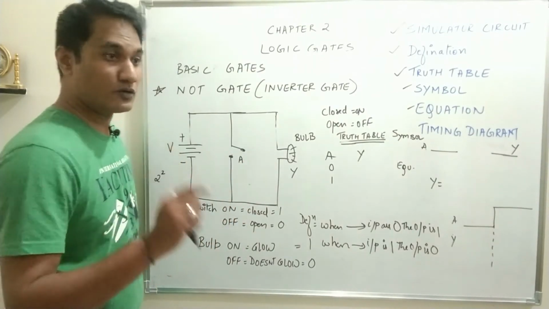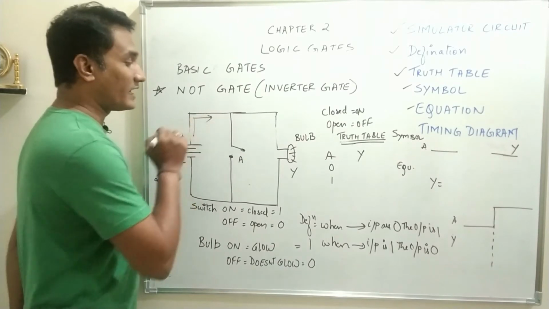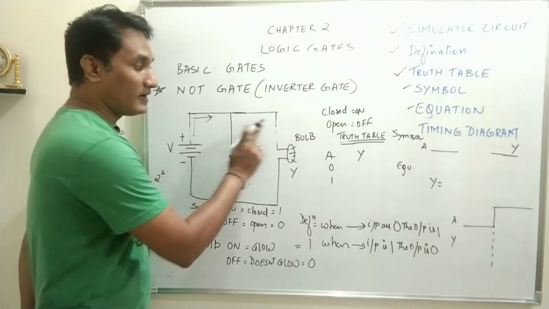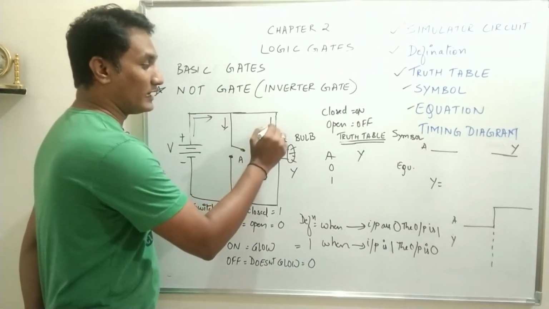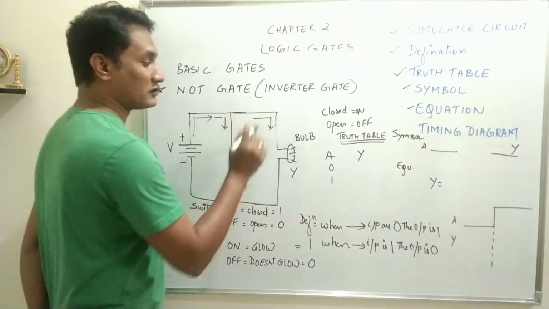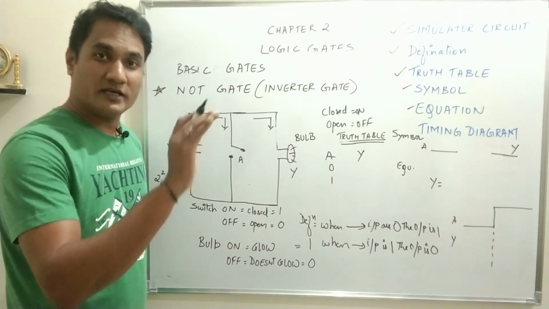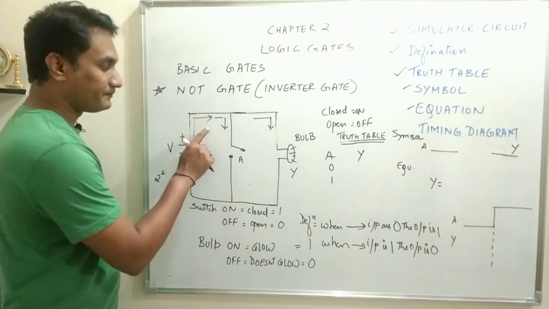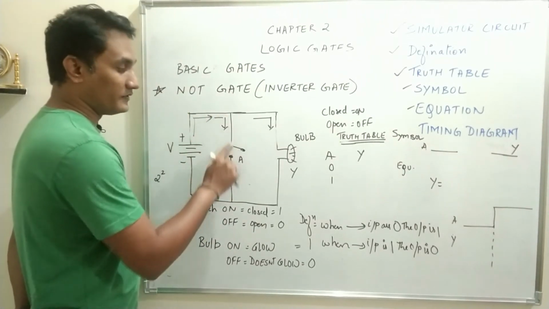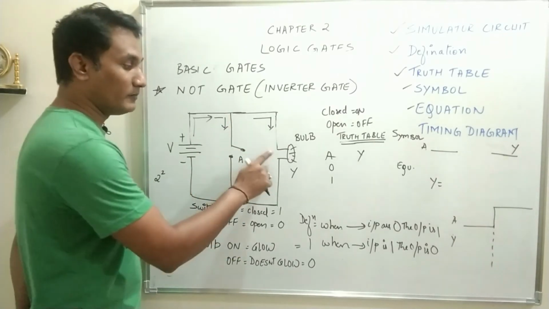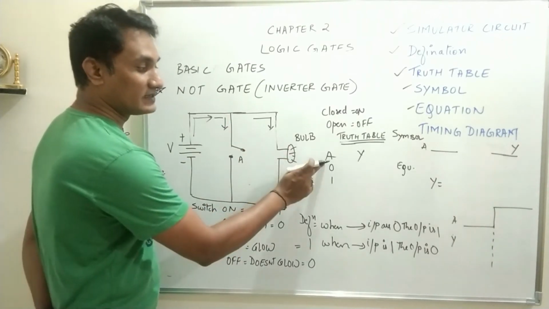Now very important to understand is that when the current flows in parallel condition, it will flow through the bulb, and it will also flow through the switch. In parallel combination, the current distributes. So now it has 2 paths to flow, either through the bulb or through the switch. Let us consider the first case.